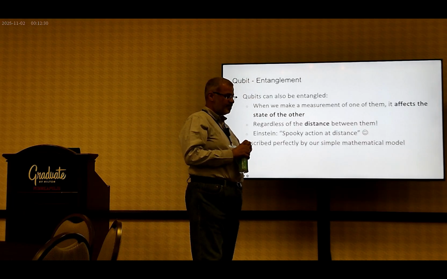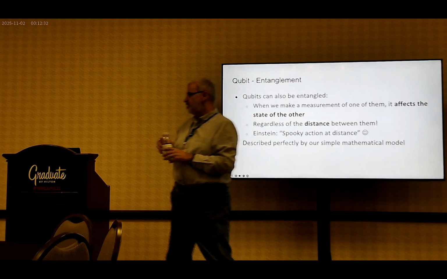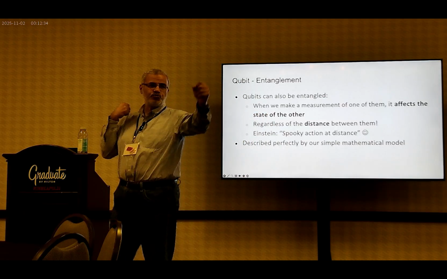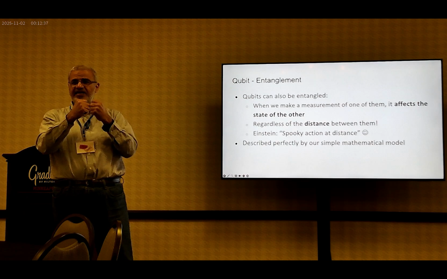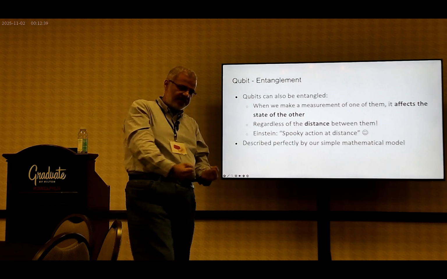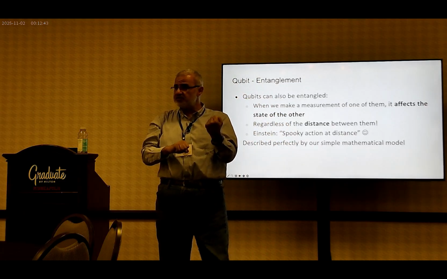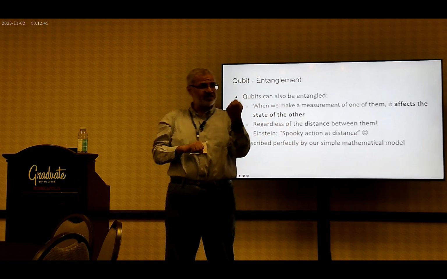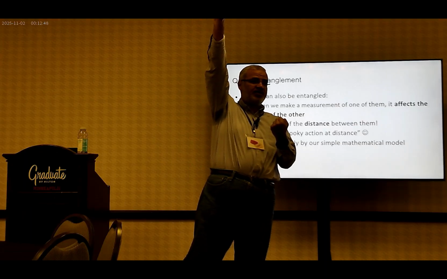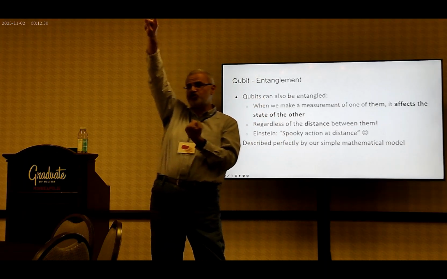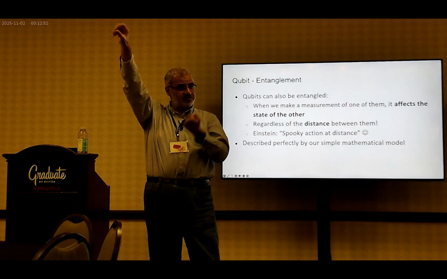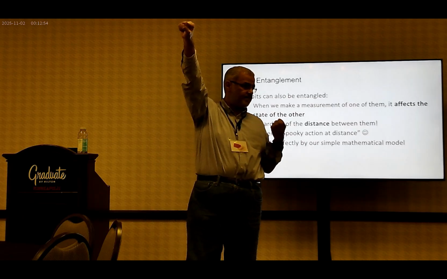But actually what is interesting about this entanglement is that it happens regardless of the distance between them. So I can have two correlated qubits, one with me here and the other on Mars. And when I do a measurement on this qubit and it turns out to be 0, the other one instantaneously, in 0 time, jumps to 0, even though they have a huge distance between them.